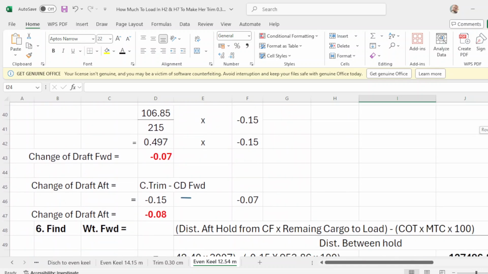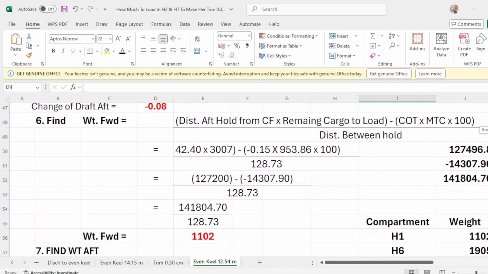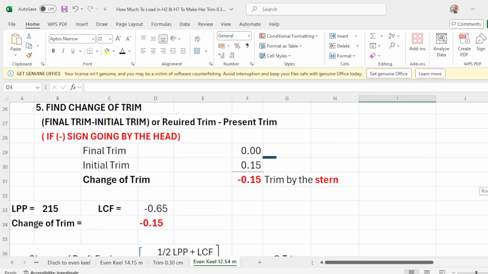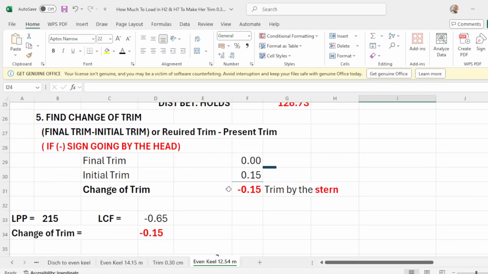Okay, 42.40 times your remaining cargo to load, which is 3,007, minus your change of trim. Change of trim is negative 0.15.